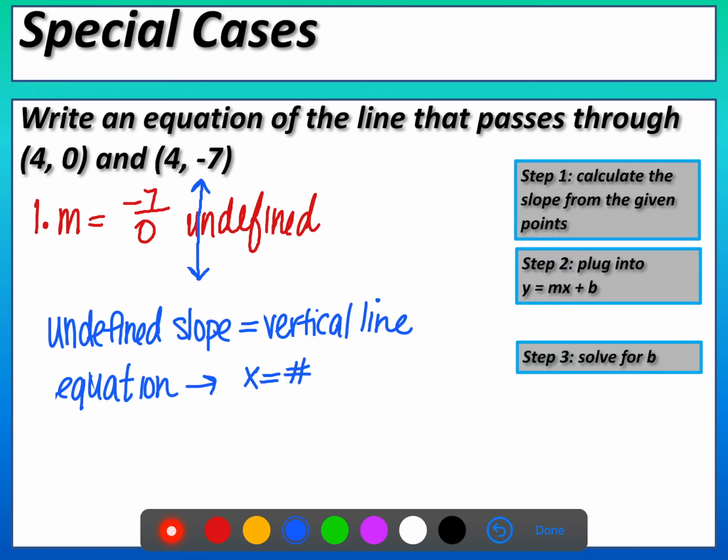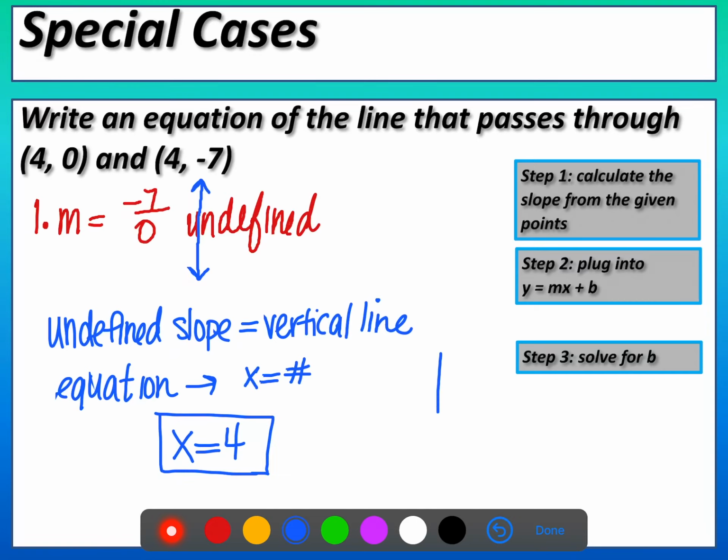So this is all information that I already know. Okay, we've memorized those special cases when we were graphing in Unit 2. So what x value do both of these ordered pairs go through? They go through 4. So my final answer here is x equals 4.